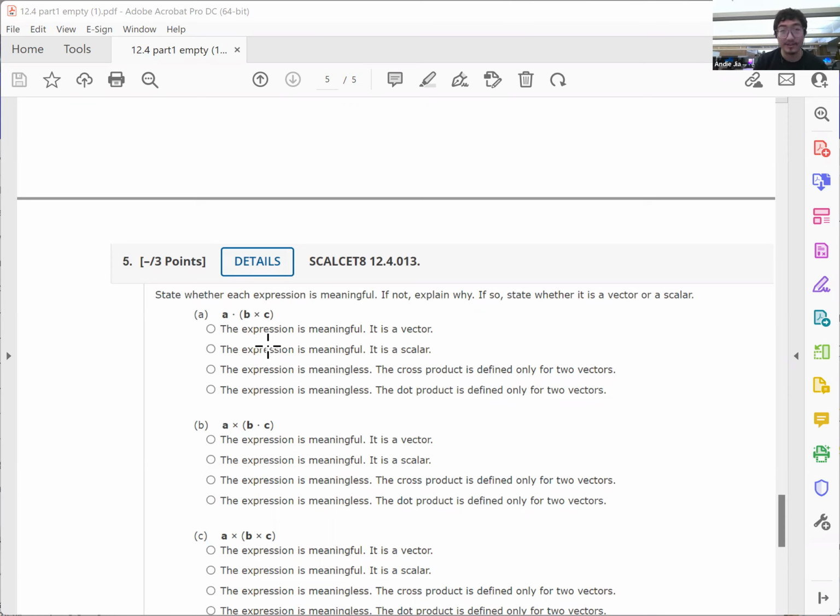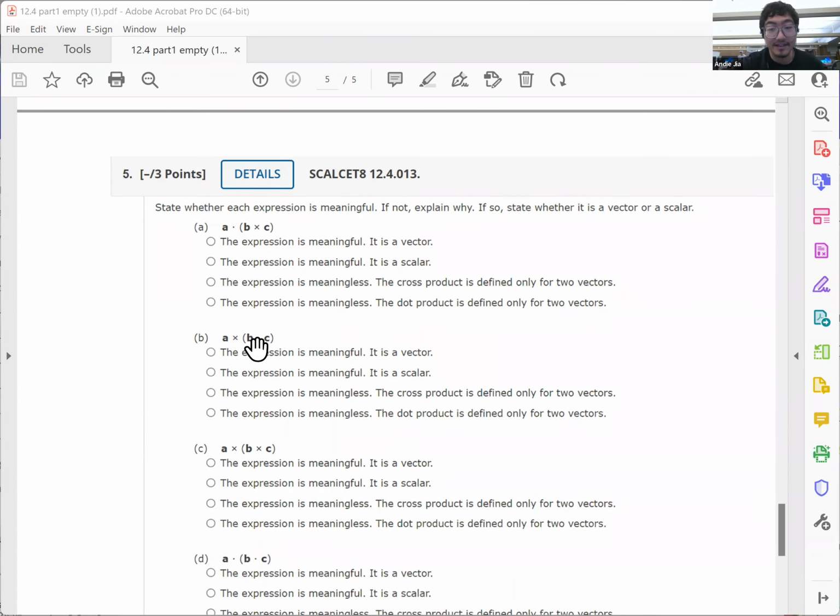The dot product can only happen to 2 vectors. A scalar can only be multiplied with a vector, but not crossed or dotted. So b dot c is a scalar. Any 2 vectors' dot product produces a scalar.